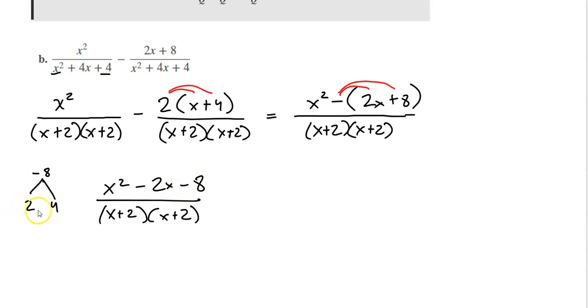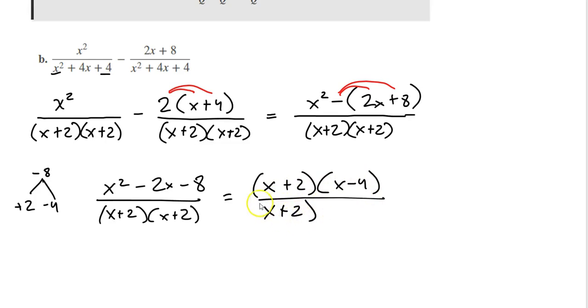How about a -4 and a +2? -4 plus 2 will give me -2, then -4 times 2 is going to give me the -8. That works out perfectly. And what's nice is I've got a really nice a coefficient over here, so it's going to end up being x plus 2, x minus 4, all over x plus 2 and x plus 2.